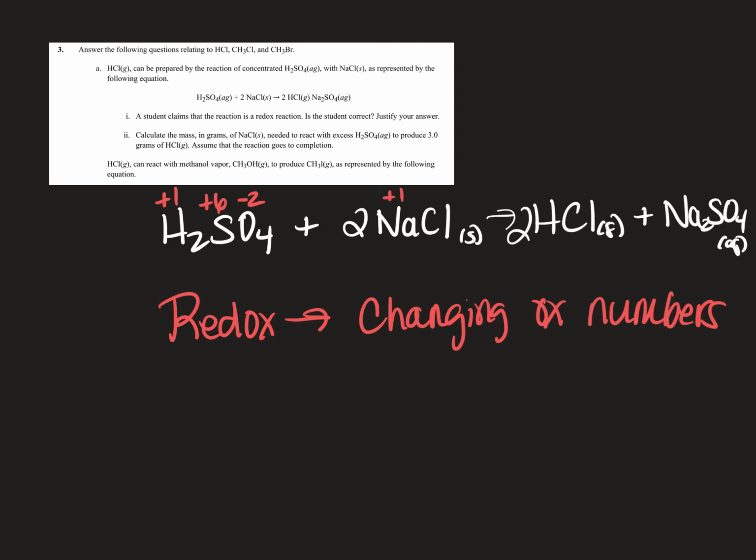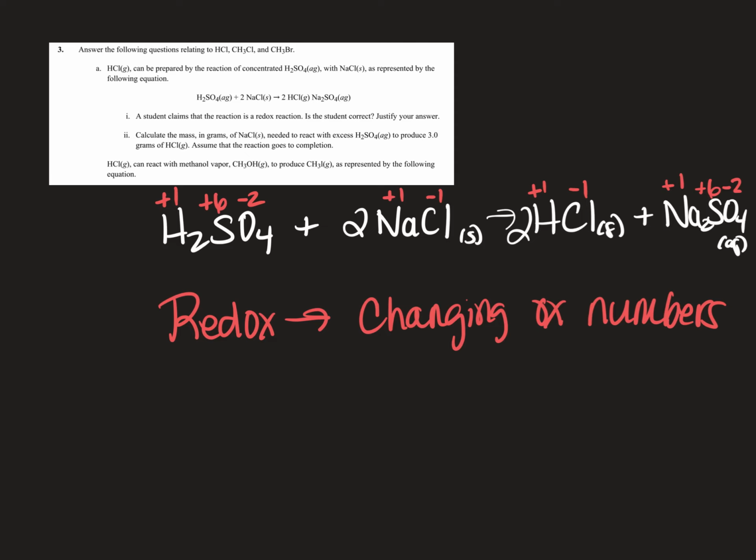Sodium is going to be +1, chloride is going to be -1, hydrogen is going to be +1, chloride is going to be -1, sodium is going to be +1, oxygen is -2, and sulfur is +6. So I would have to say the student is incorrect. The reaction is not a redox reaction because the oxidation numbers do not change. Therefore, it's not a redox reaction.